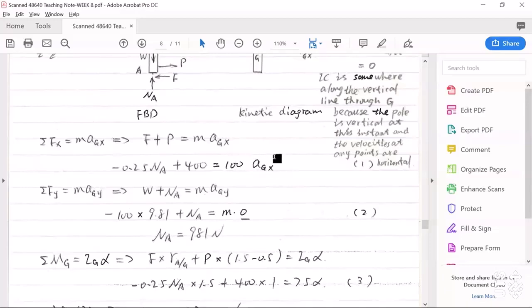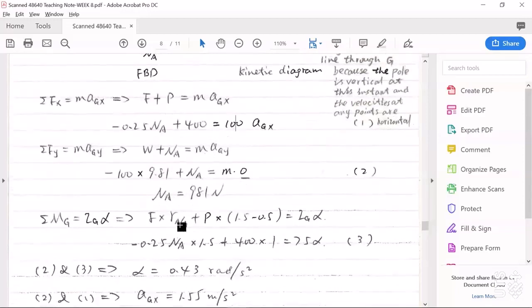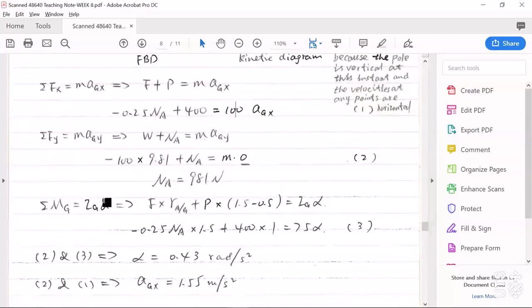AGX is unknown. Along y direction, same as before, we can work out NA directly. Rotational component, we can establish our equation 3. And in this equation, we have NA and alpha, 2 unknown parameters.